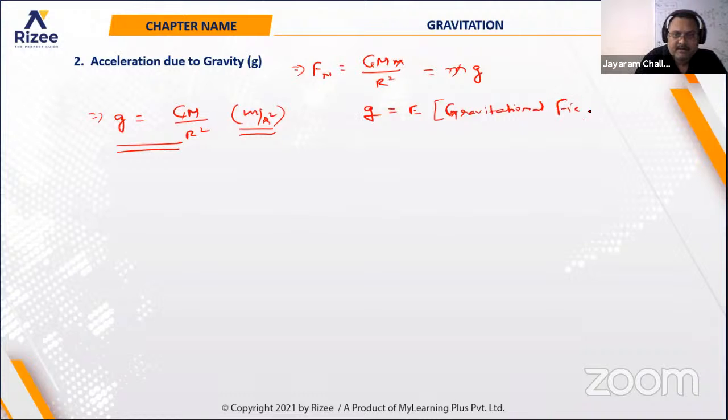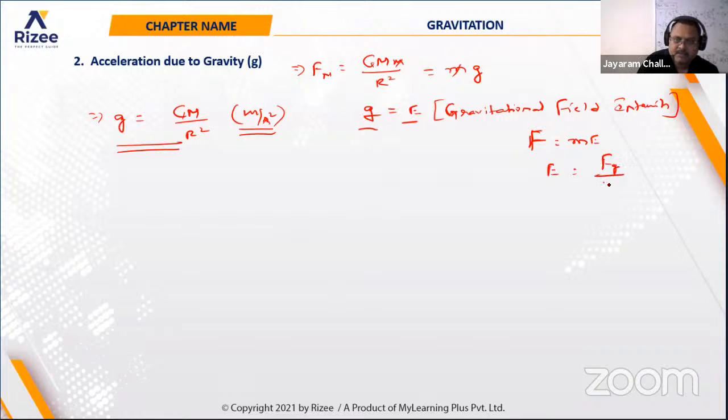Both of them are the same kind of thing. Numerically, they are the same. You say the force F is equal to mass into gravitational field intensity, or intensity is defined as gravitational force per unit mass. This is basically the same thing. You'll be getting the same sort of formula for both.